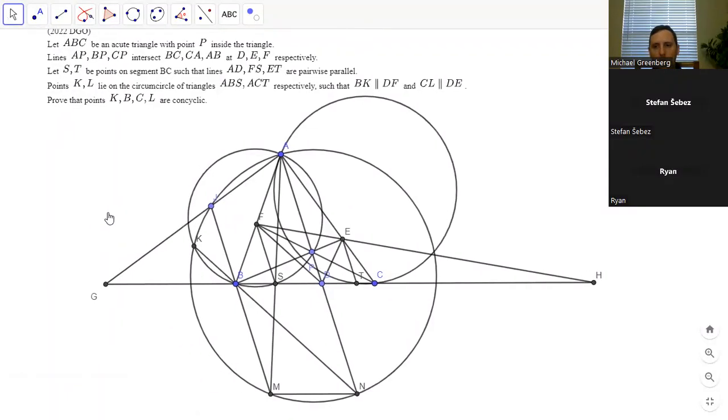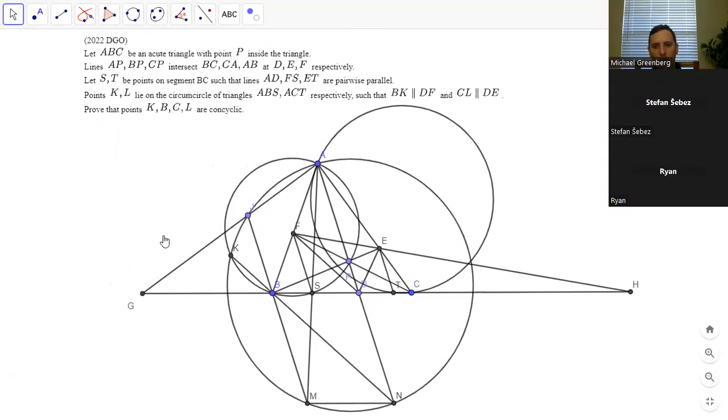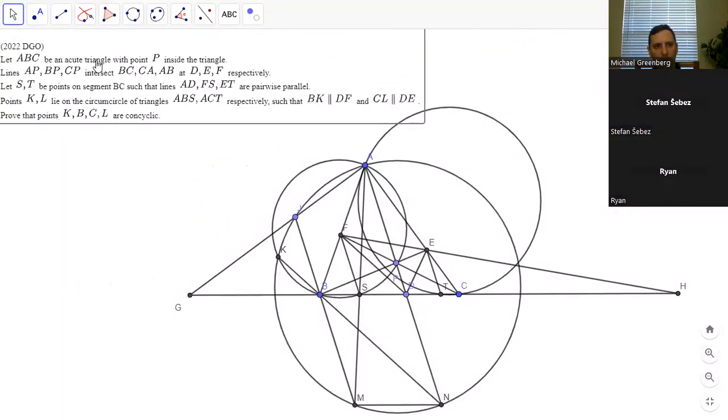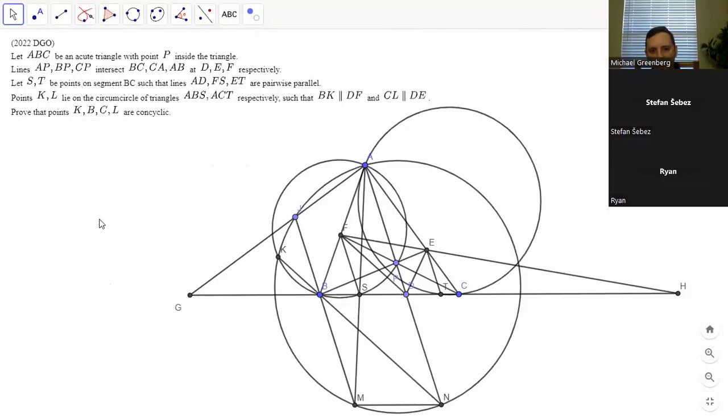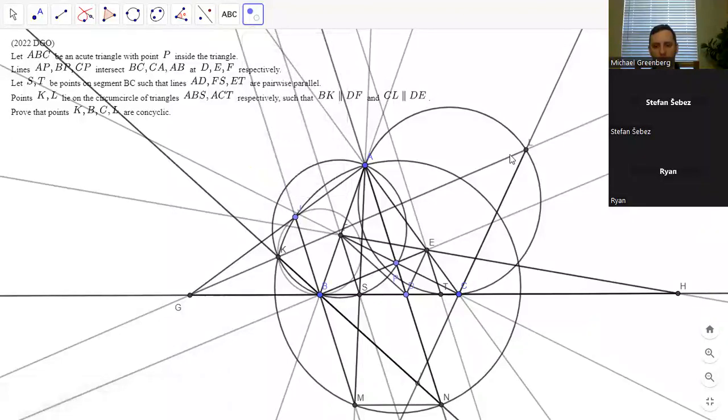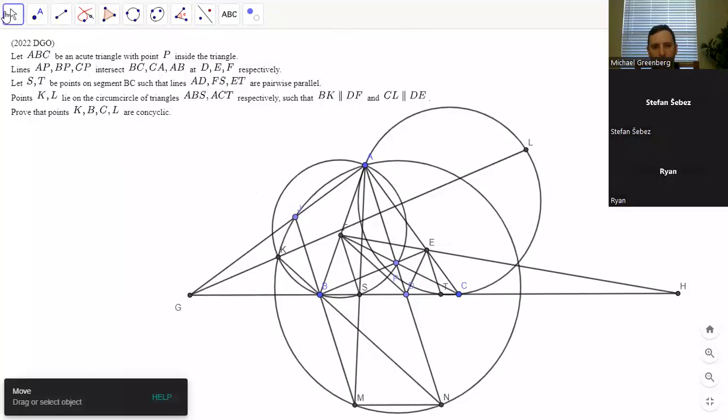All right. So it is left to show that KL and BC and that perpendicular bisector concur. The concurrency is left.